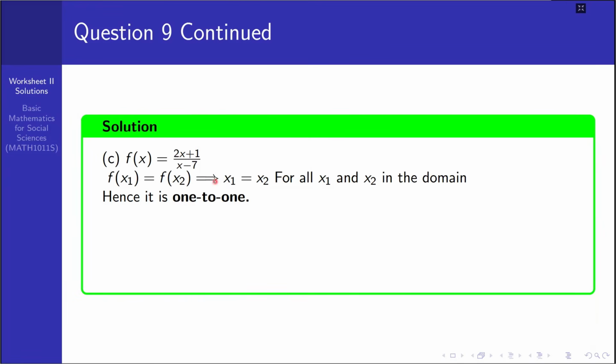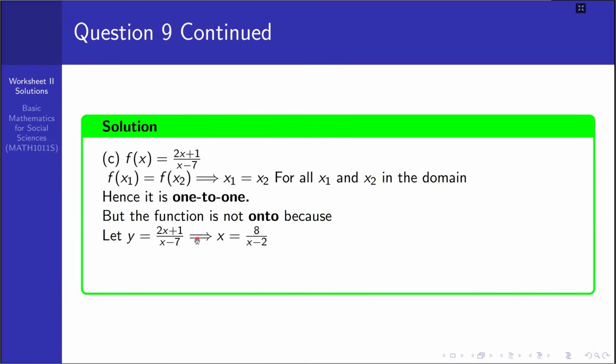When we simplify, y is equal to x plus 1 over x minus 7; solving for x we have this one. Sorry, this must be y. So x equal to 8 over y minus 2.